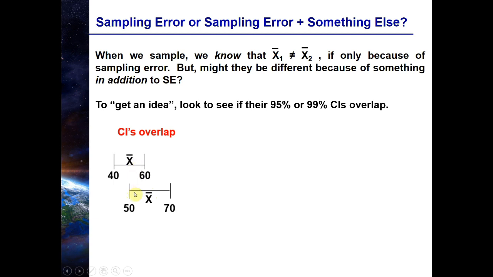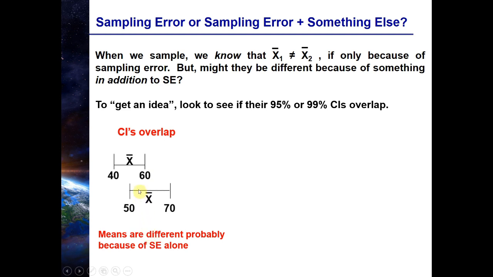So you see how they have shared values? That means they overlap. And when that happens, your safest bet is to say that the most likely reason why these two means are different is probably because of sampling error alone. So that's something that you have to know.